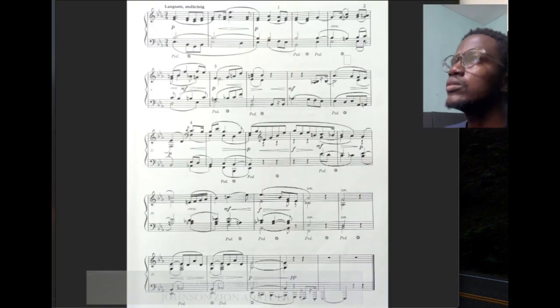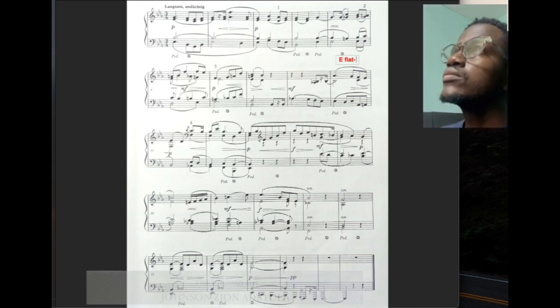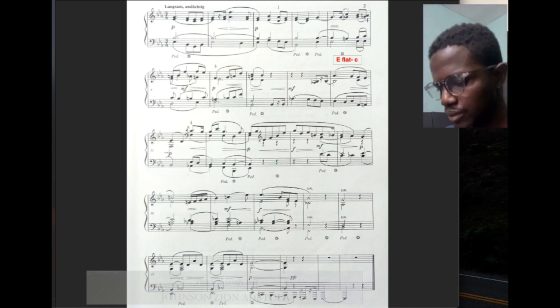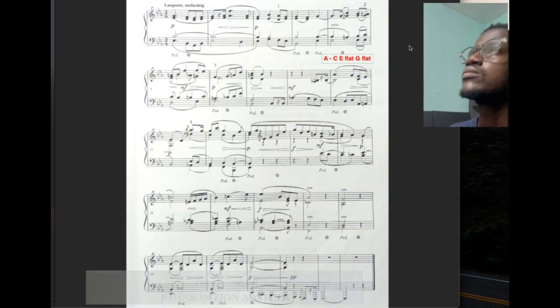Second one from the lowest, we have E flat, C. Right in here we have G, but the G flat coming from here, and A natural. Rearranging this, you get A, C, E flat, G flat.